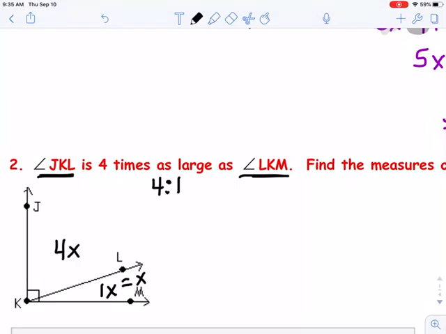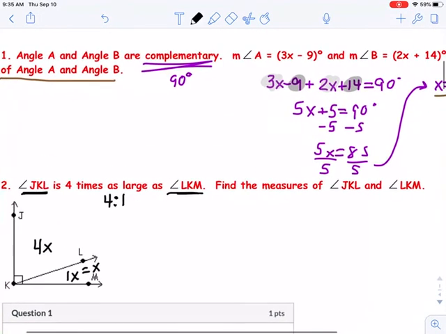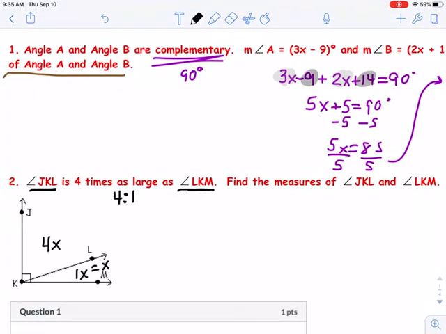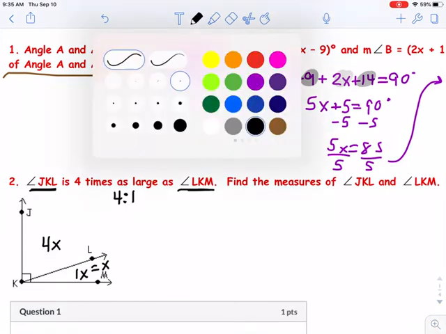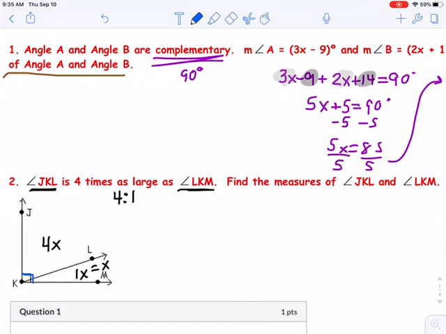There's a bunch of ways to solve this problem. This is the way I like to do it. Again, you can do whatever you want, just as long as you get the right answer and it doesn't incorporate cheating. They're complementary. How do I know that? They're two angles making 90 degrees right there. So I'm going to set up 4x plus x equals 90 degrees. 5x equals 90 degrees.